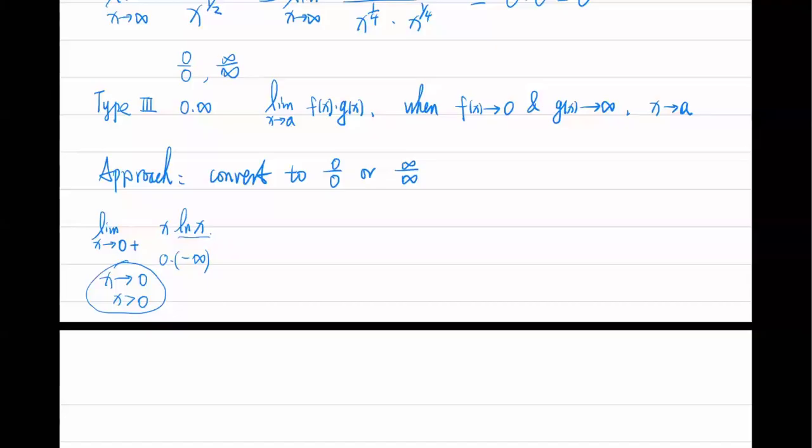Now to find the limit, we will convert this. So how do we convert this? It's converted to a quotient. How do you convert this product f(x)g(x) to a quotient?